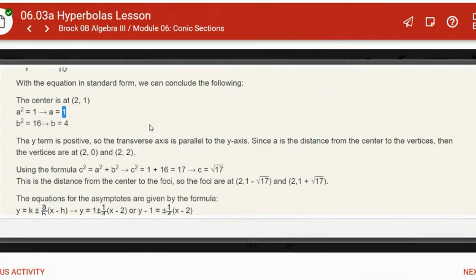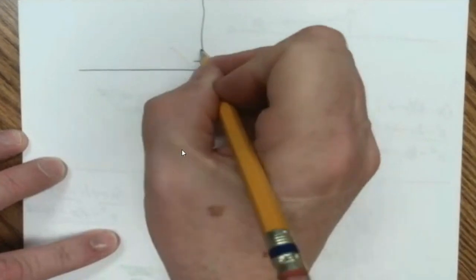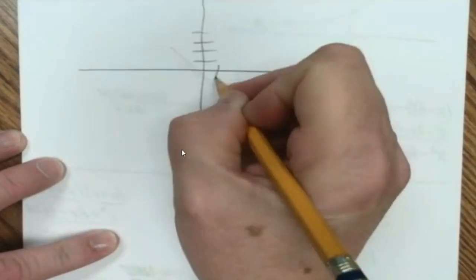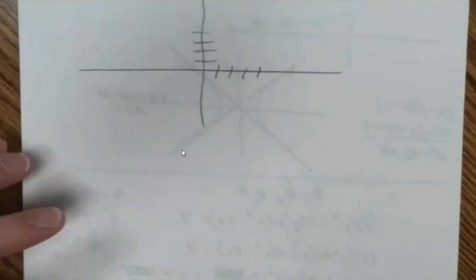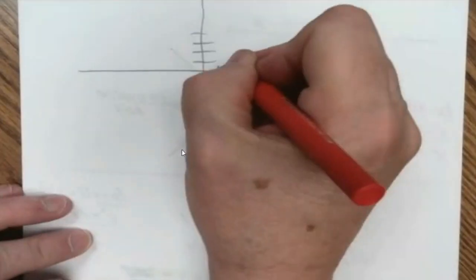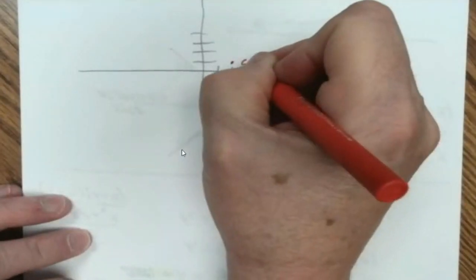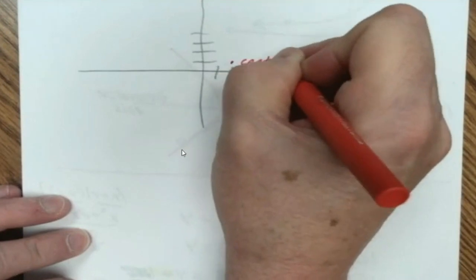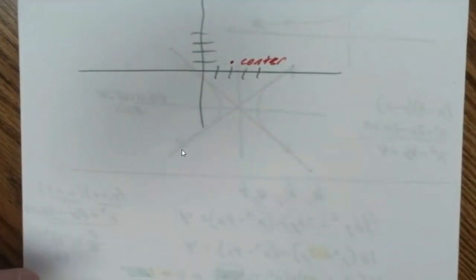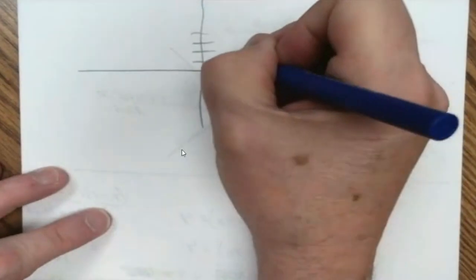All right, we can draw that real quick, just to give you a visual. If 2, 1 is the center and a equals 1, a is the distance from that to the vertices. So it's just 1.